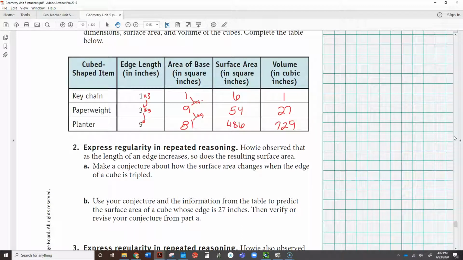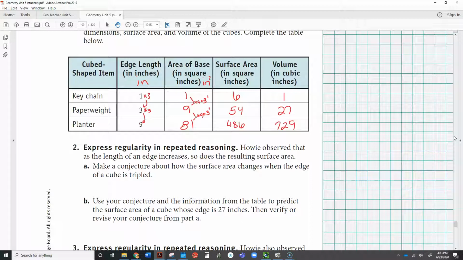Well, yes, 9 is the same thing as 3 squared. So I wonder if this has any connection to the fact that we've got inches up here and we've got square inches up here. Oh, and that's just the area of the base. I didn't even look at this.